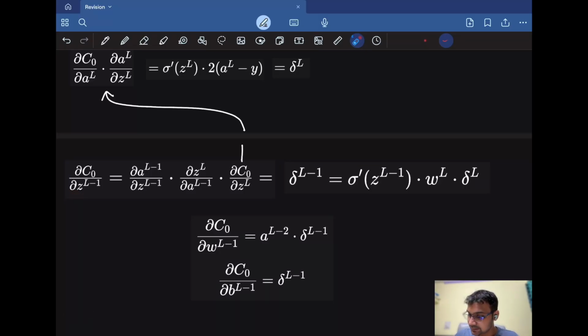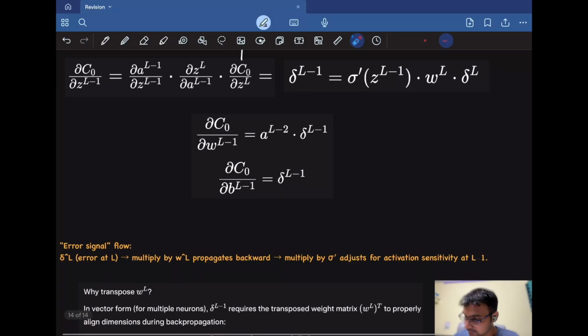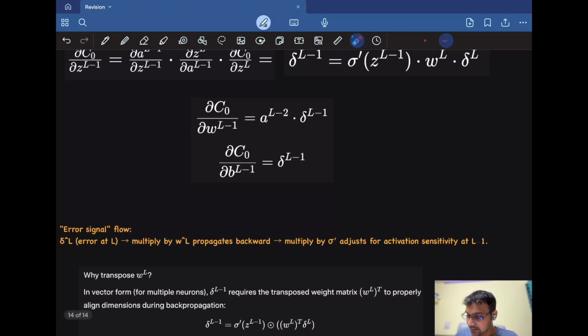ZL is nothing but, if we expand this derivative using the chain rule, it came out to be this value, and this term is for the last layer, the layer after this. So that is backpropagation. We see the error signal flow: delta L we have got for the first layer.